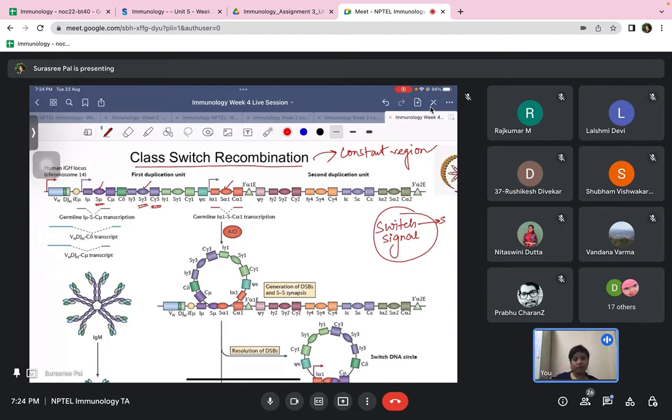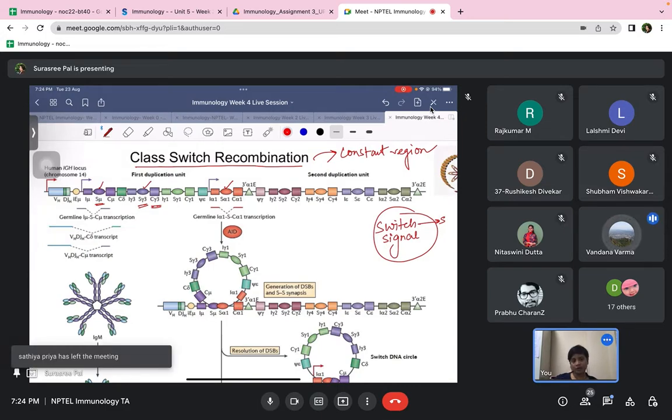So in case of VDJ recombination, what was the recombinase? What was the enzyme? Anyone remembers? Was it TdT? No, not TdT. TdT was the enzyme which was helping in addition of the N nucleotides.